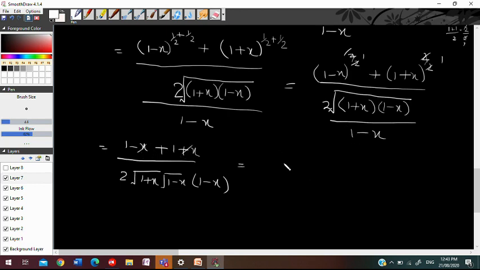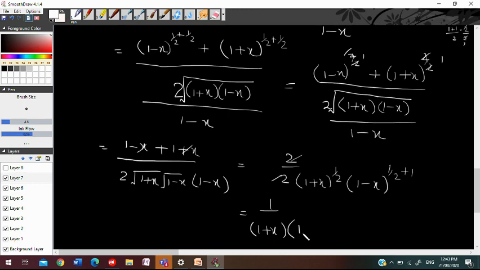We have 2 by 2, 1 plus x power 1 by 2, and 1 minus x power 1 by 2 plus 1. So 2 and 2 are cancelled. 1 divided by 1 plus x into 1 minus x power 3 by 2. And this is the answer of our question.